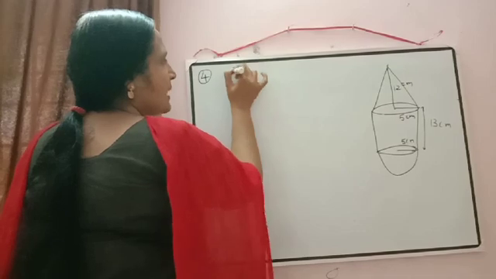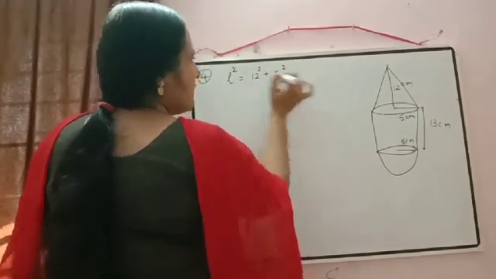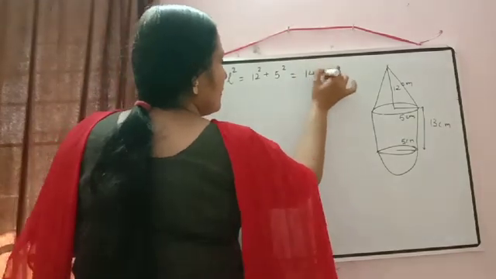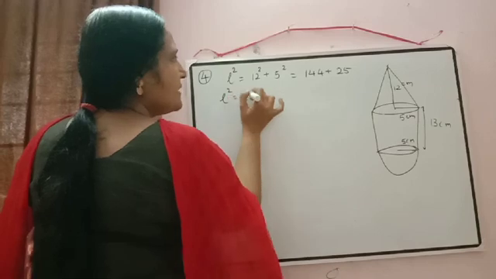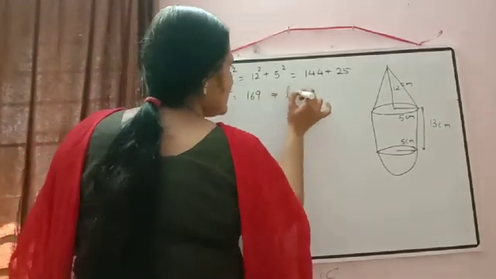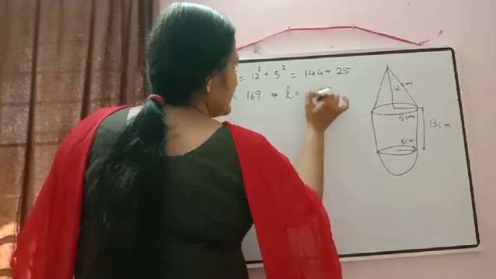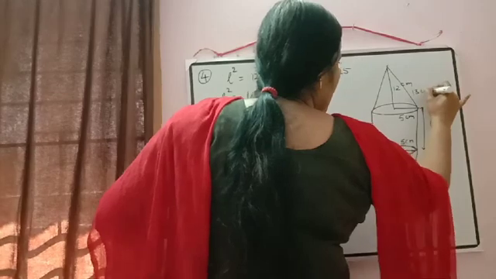L square is equal to 12 square plus 5 square. 12 square is 144 plus 5 square 25. So L square is equal to 169. Then what is the square root of 169? Yes, correct, 13. So slant height is equal to 13 centimeter.